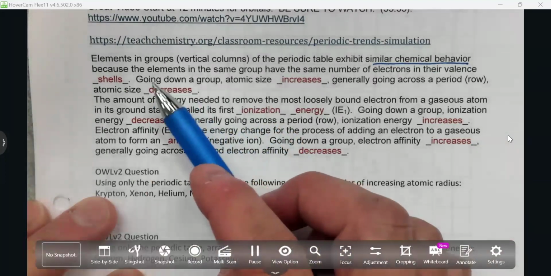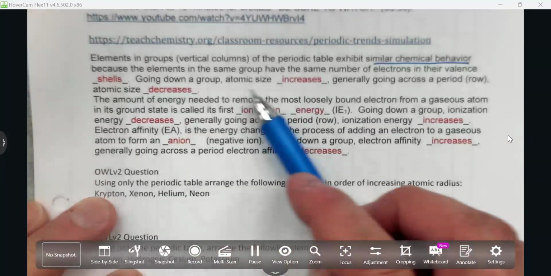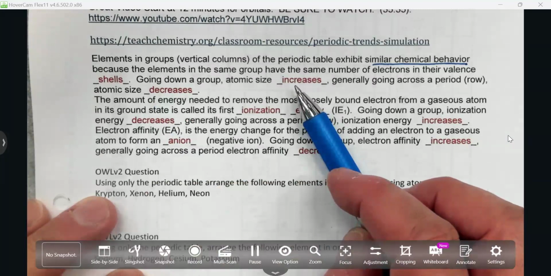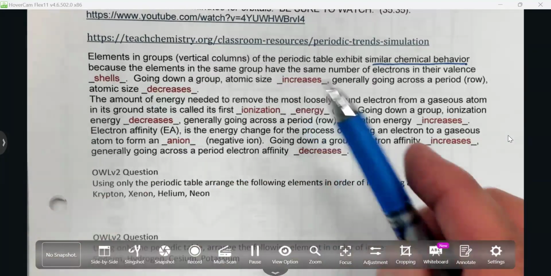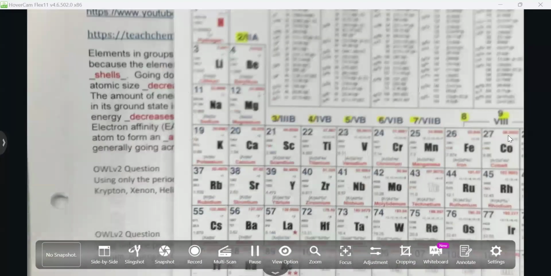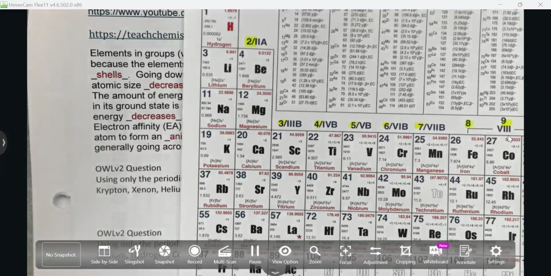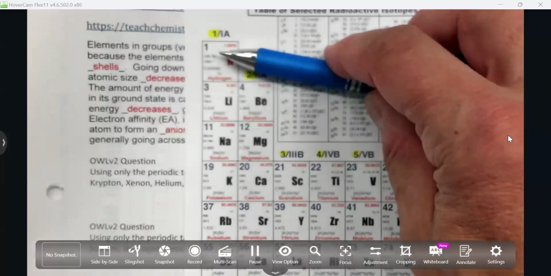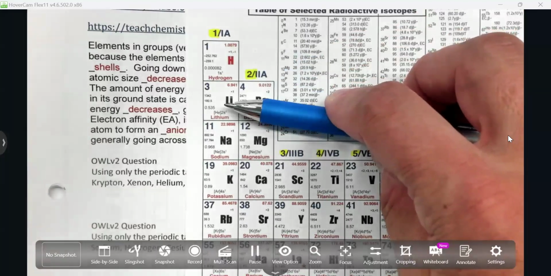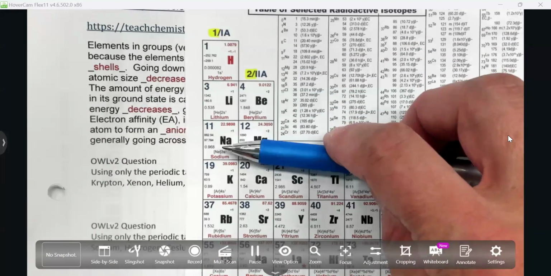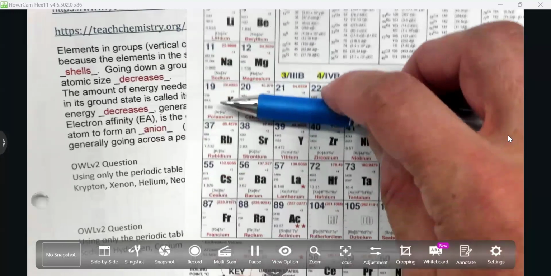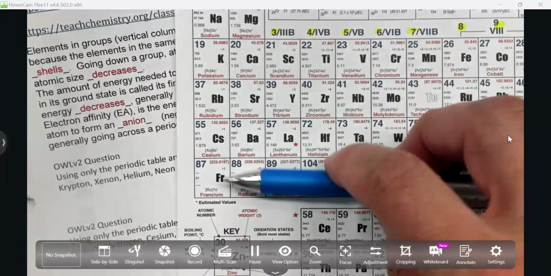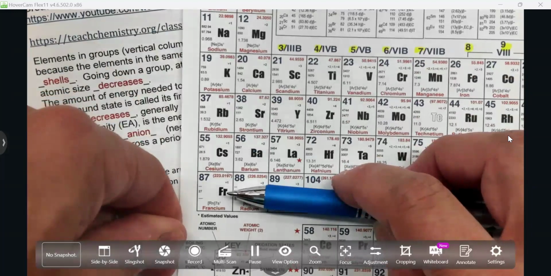Now, going down a group, atomic size increases. So just going down a group, it should make sense. There's nothing to think about on this one. As you go down the group, this is energy level 1, while energy level 2 here gets bigger. Energy level 3 gets bigger. Energy level 4 gets bigger. 5 gets bigger. 6 gets bigger. 7, right? Going down a group.